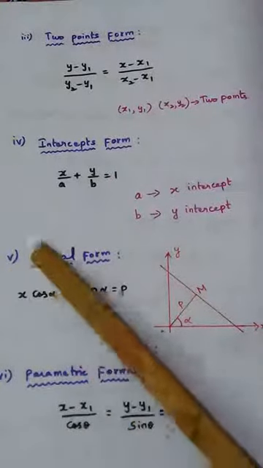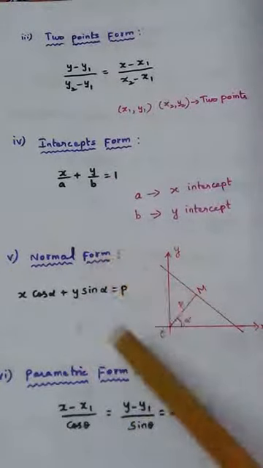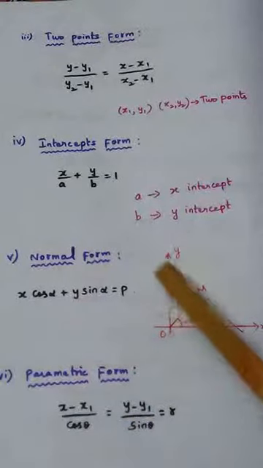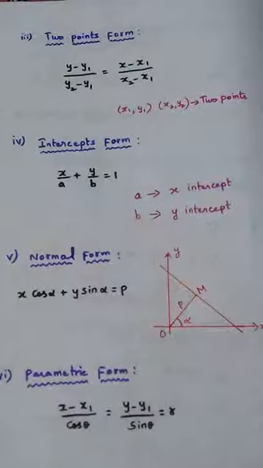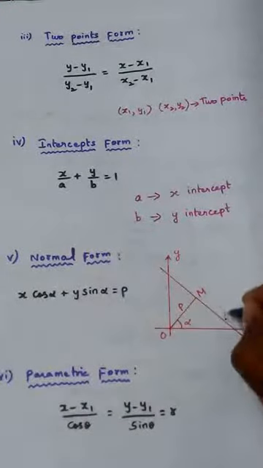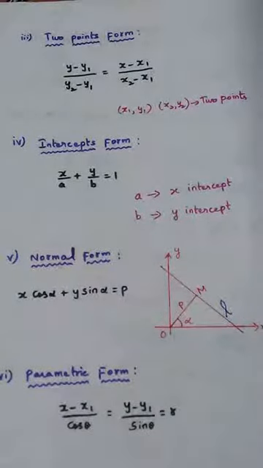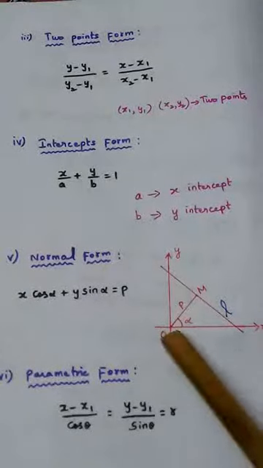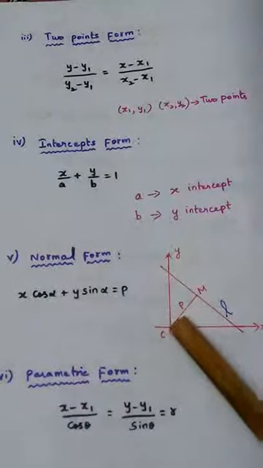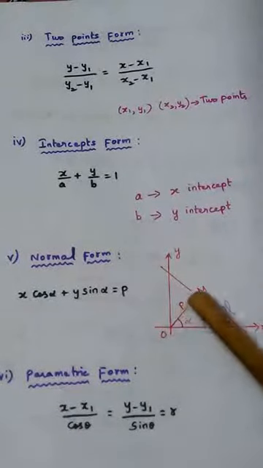Fifth format, normal form. So you just imagine this is the straight line. This is the straight line L. So I'll mark the line as L. So this is L. And x-axis, y-axis, this is origin. And from origin, I am drawing a perpendicular line.